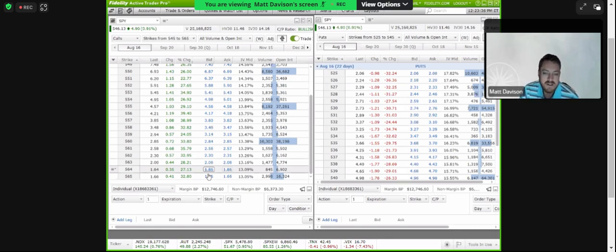So this is that idea of the skew kicking in, which is especially, as we get further and further out of the money in the indices, that we start to see implied volatility rise further and further. The main reason behind this is there is a demand function more so on the indices than on some individual stocks, and the correlation between the components of the indices and the index itself has been coming into focus as we're starting to diverge, and correlation has become a hot topic amongst analysts.